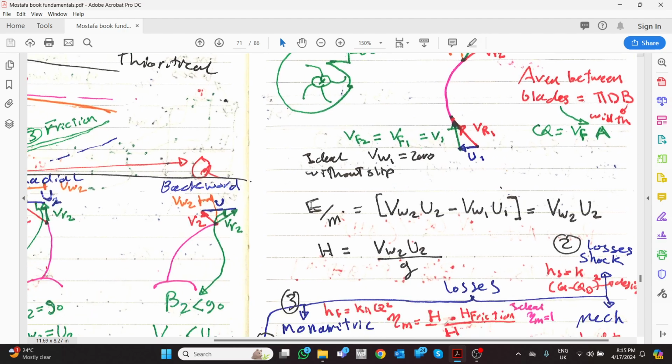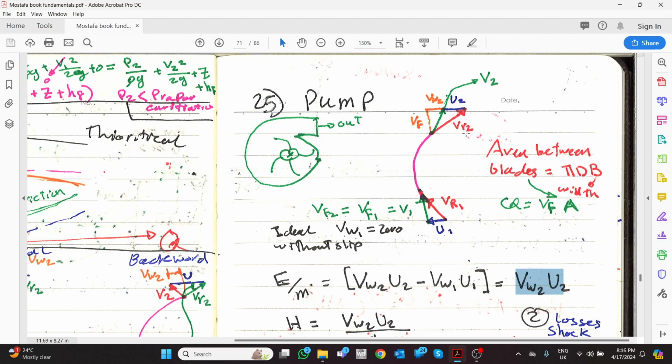Apply the same general rule: whirling velocity times U2 minus whirling velocity 1 times U1. We know that there is no whirling velocity in 1, so the power per unit mass flow is equal to the whirling velocity at the exit multiplied by U.